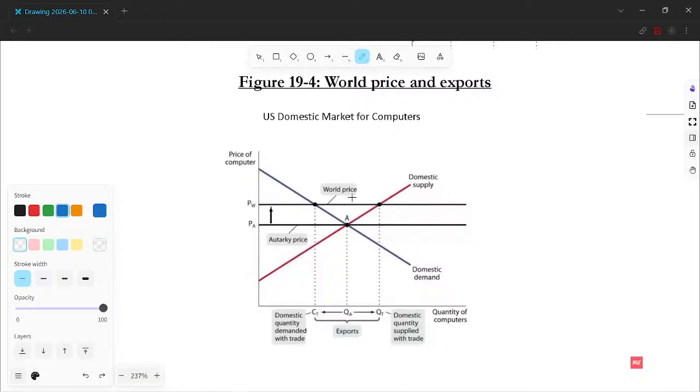Okay. So we have domestic supply, domestic demand, and the autarky price, so the price increased. We've got that arrow there. Autarky price. Right, and so this gap is the exports. So basically, it's the inverse.